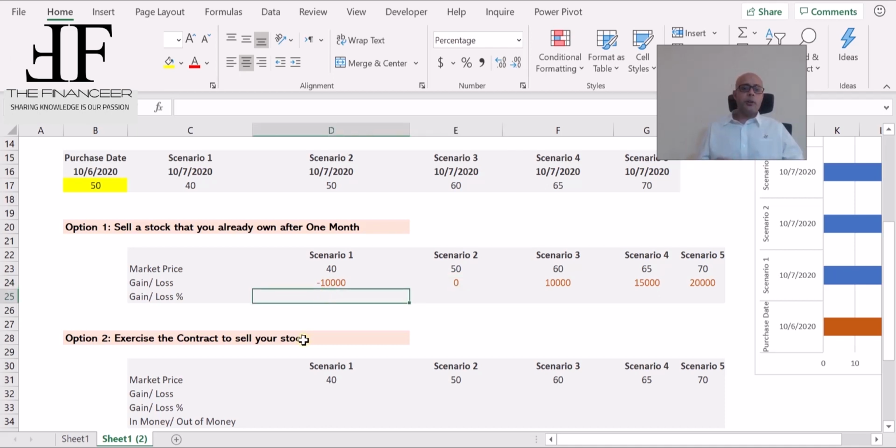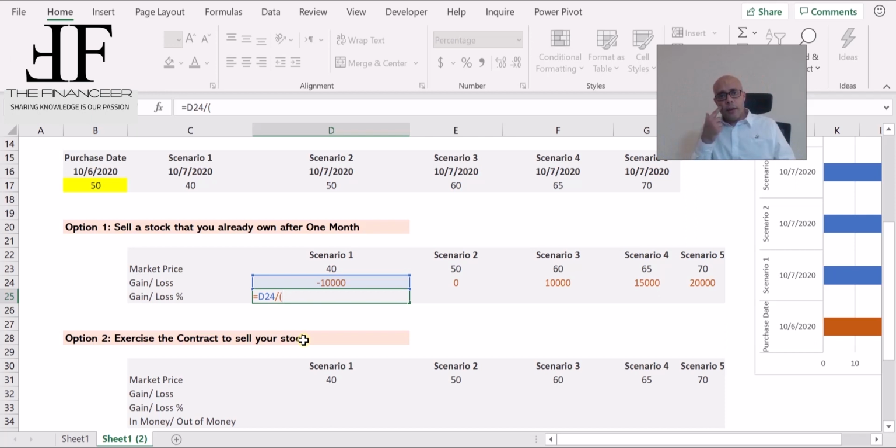Okay, now if you would like to calculate the percentage of your gain and loss, what you are going to do is divide this loss by the total investment that you paid to purchase this stock from the market. How much did you pay for this stock? I purchased one share at $50. And how many shares? 1,000. So originally you paid 1,000 times 50, which equals $50,000.